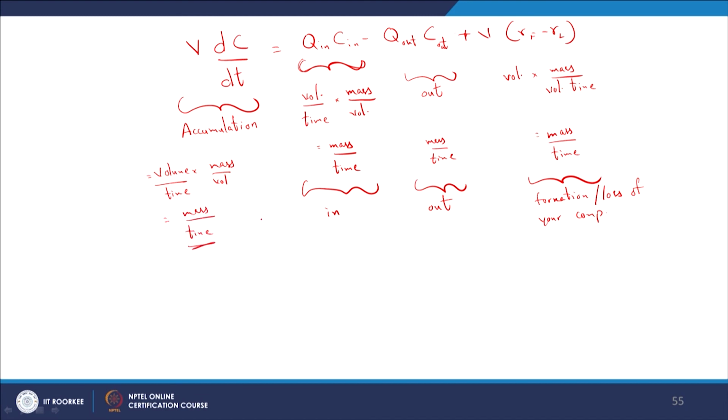So, all the units are more or less mass per time, and this gives us an idea about the overall accumulation of your particular compound in the system. This gives you an idea about how much mass is flowing into the system, and this gives you an idea about how much is flowing out of the system, and this set of variables will give you an idea about how much of it is being formed and how much of it is being lost with respect to time, right.